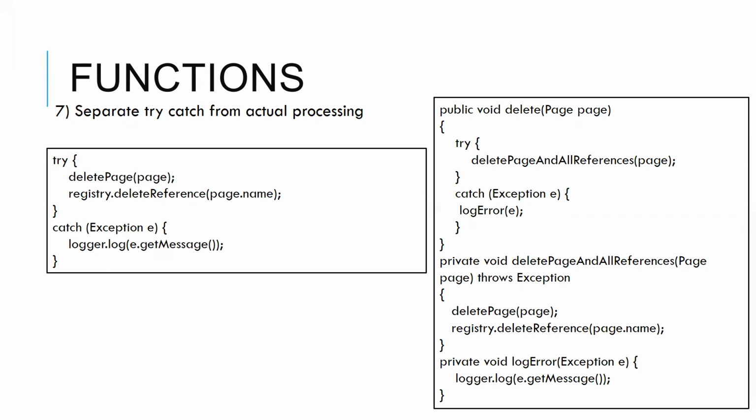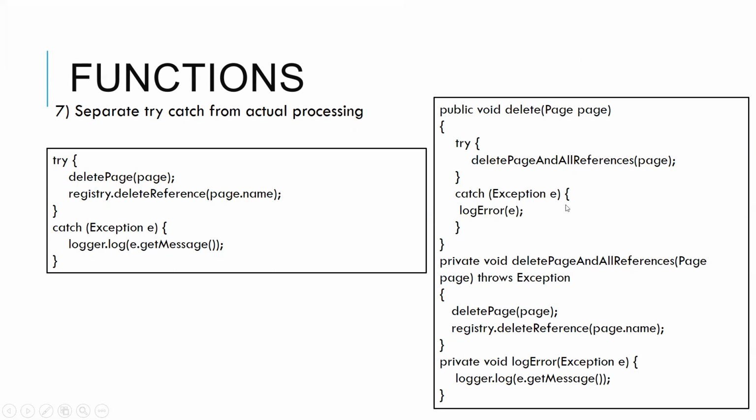Instead, what you could do is define a single line delete page and all references as a function in the try block, and it contains all the code which actually talks about the logic. Then this entire function would throw a single exception which can be caught and acted upon by the subsequent catch block, and any error that has been raised due to the exception thrown from the function is caught and logged.